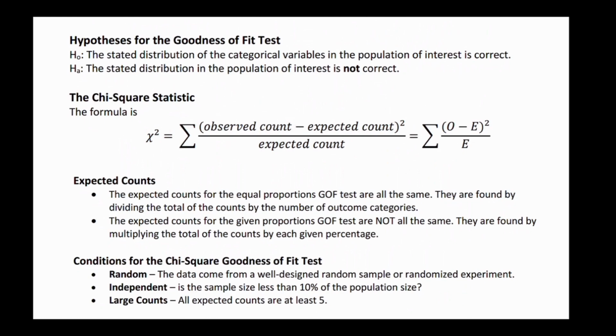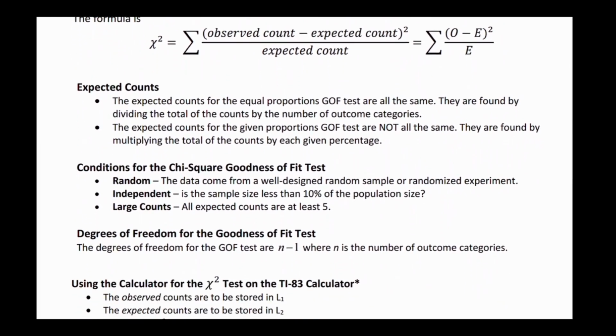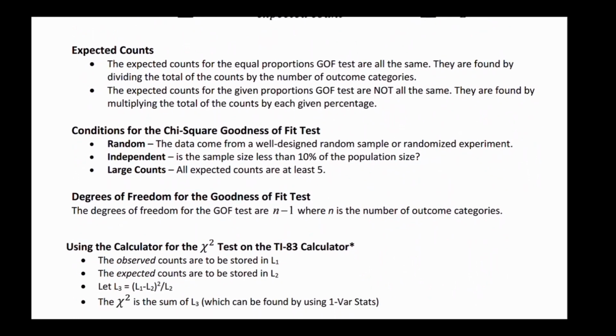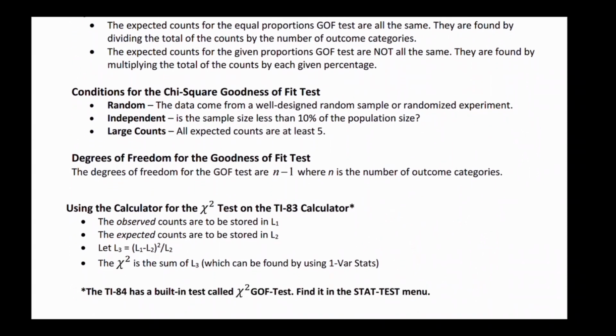I'll show you how to do expected counts, but you can read this little part here. Conditions: luckily there are only going to be two conditions for chi-square. I'll show you that when we do the problem.